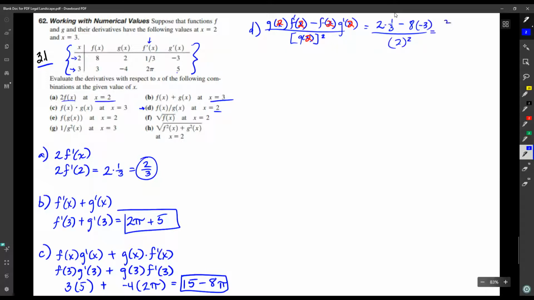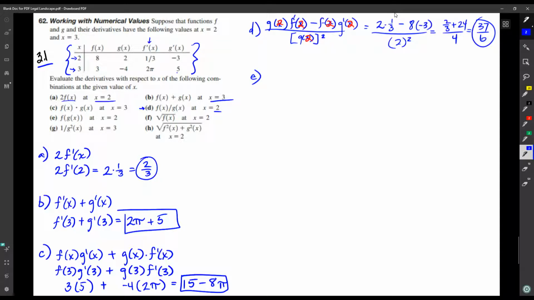So I'm looking at 2/3 plus 24 all divided by 4, and in part D, that comes out to be 37/6.